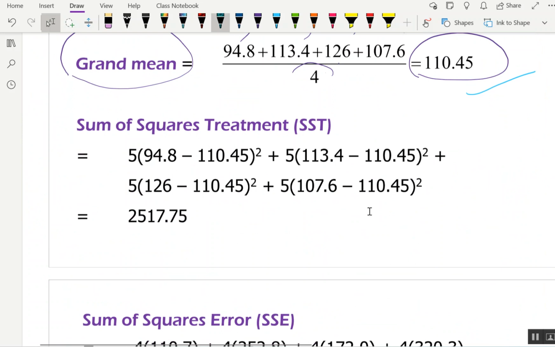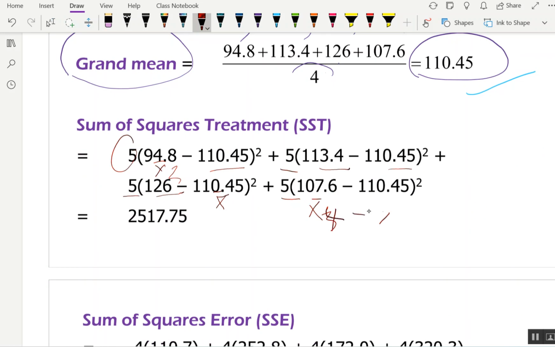Of course, each of these is the same: the sample size is 5 for each. Now for group 1, the sample mean is 94.8, and you minus the grand mean, squared. Now the sample mean of group 2, you minus the grand mean. For this one, you take the x bar 3 and minus the grand mean, the double bar. Now you take the sample size for group 4, minus the grand mean, squared. So you should be getting your SST. This is how you calculate SST.